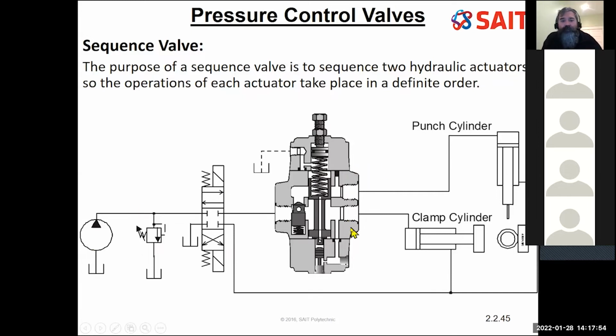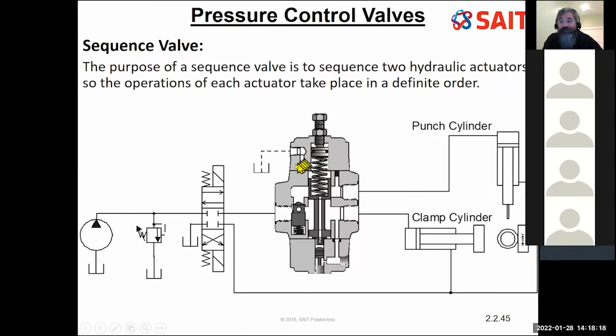So in this sequence valve, the bottom is still aligned for internal sensing. And imagine there's a nut in there holding that closed. Well, that's the light gray. And what we've done is we've turned the top around. So instead of using the internal sensing line, I'm actually going to use it as a drain.